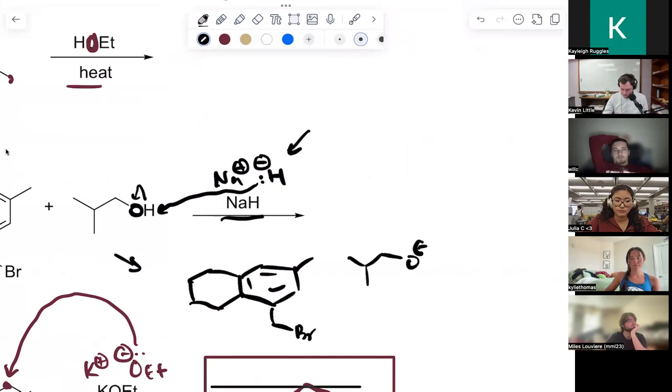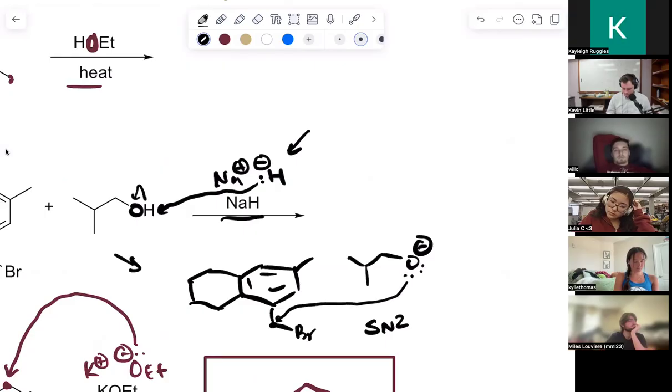Then I can do this. I've got a nucleophile. I've got a good electrophile. He's charged, so it's a 2. My electrophile is a primary alkyl halide, primary leaving group, so it's going to be an SN2. So I do the kickoff step at the same time that I add the nucleophile, and I get this.